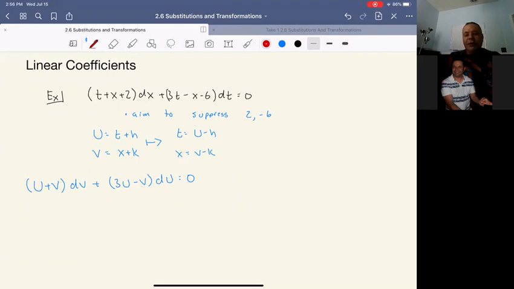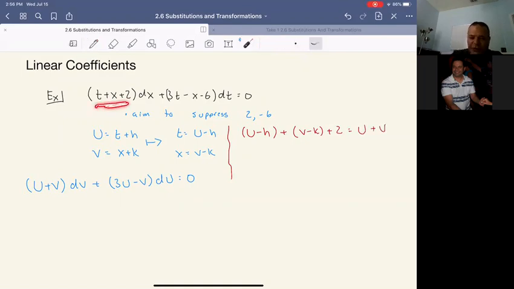So we need t, which is u minus h, plus x, which is v minus k, plus 2, to equal u plus v. That's this first coefficient, right? This is t plus x plus 2 should equal u plus v.